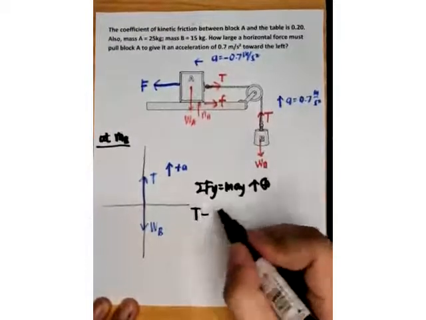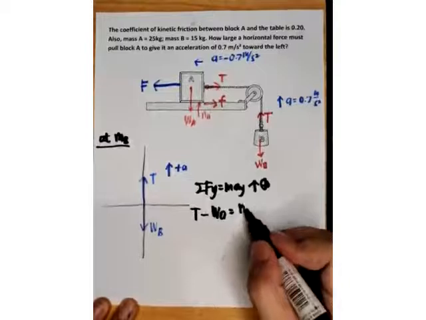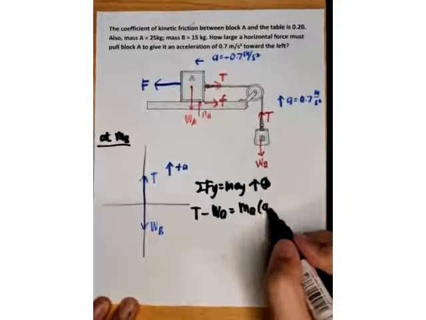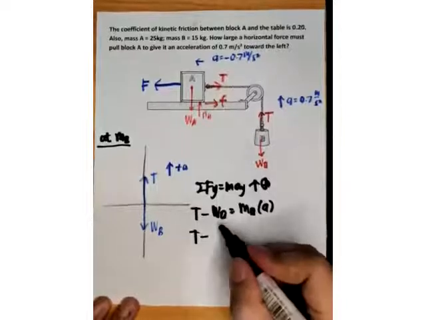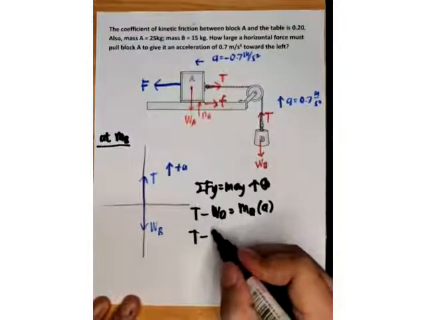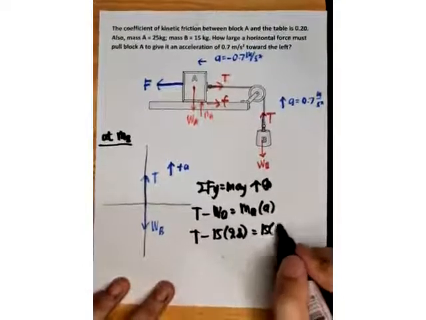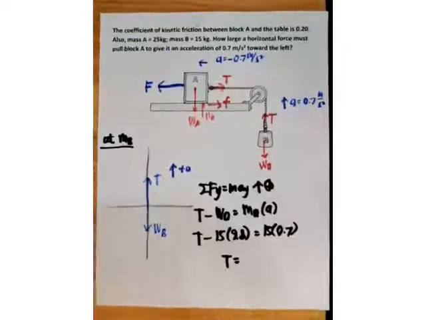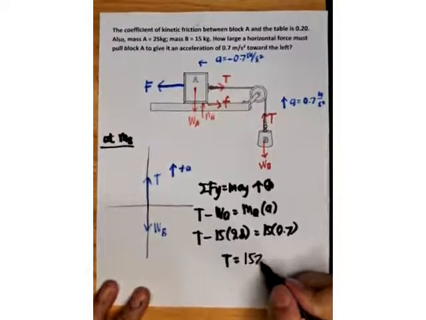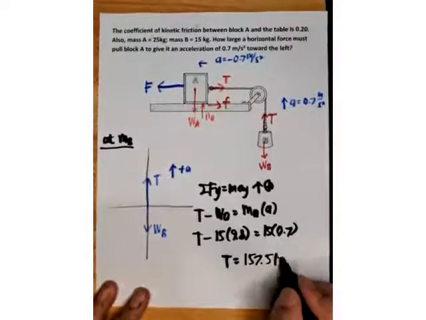So tension minus weight B is equal to mass B times a, positive a. Tension minus 15 times 9.8 is equal to 15 times 0.7. So what is the tension? It is 157.5 newtons.